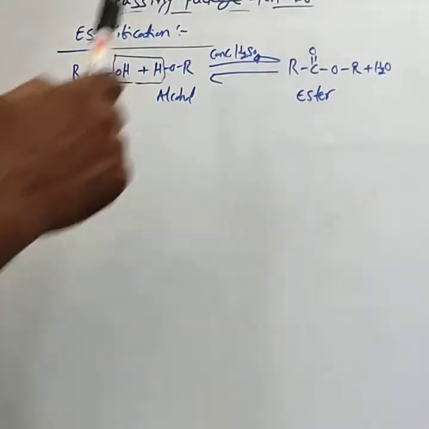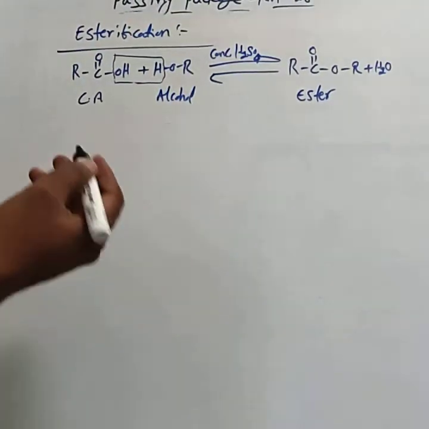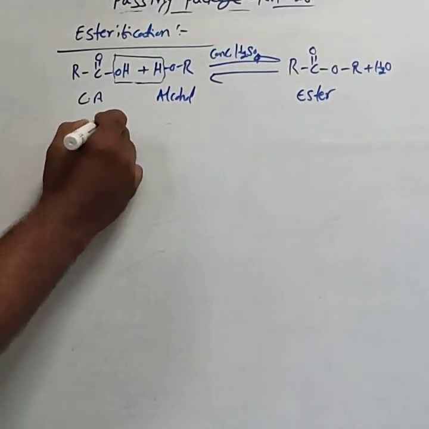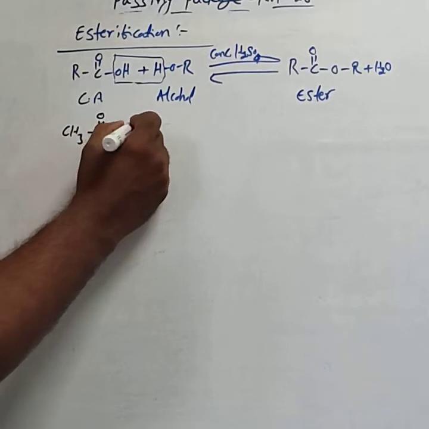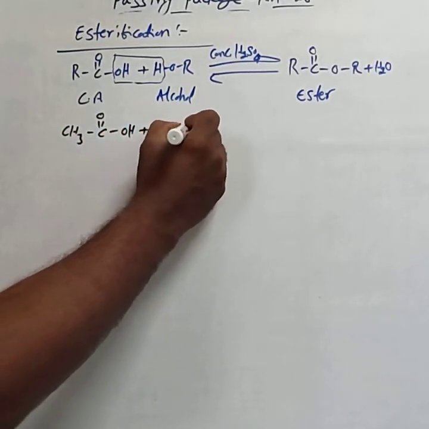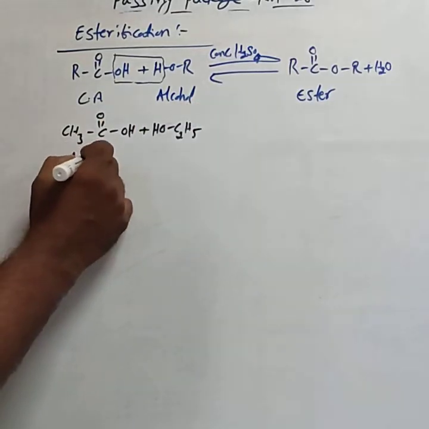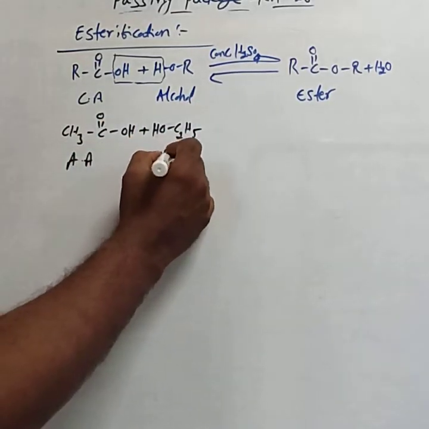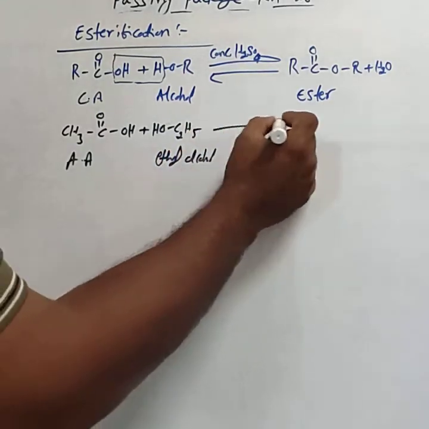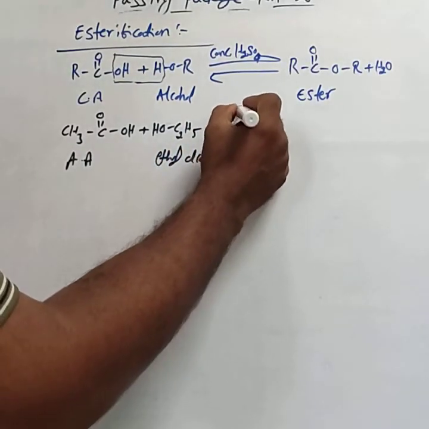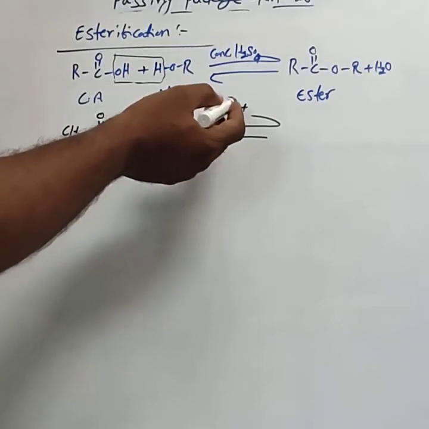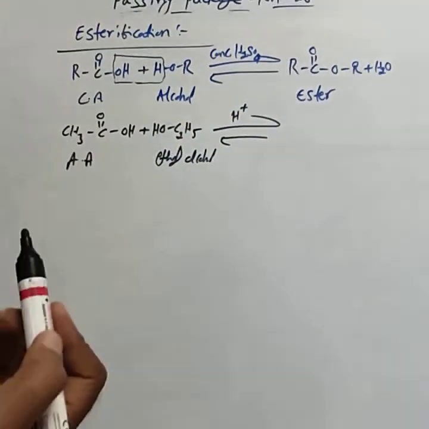This is the general equation. For example, take CH3COOH plus C2H5OH, ethyl alcohol. This one is acetic acid and this one is ethyl alcohol. In the presence of concentrated H2SO4, the acid donates the proton, hence you can also represent it as H plus.